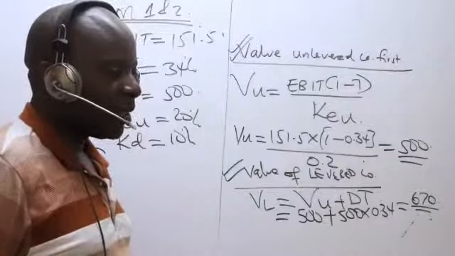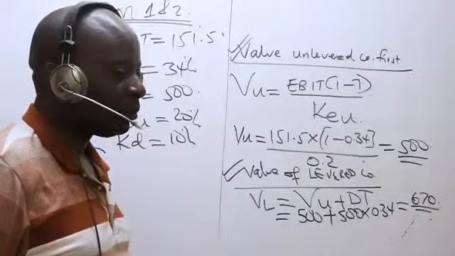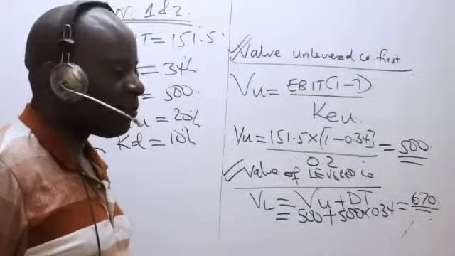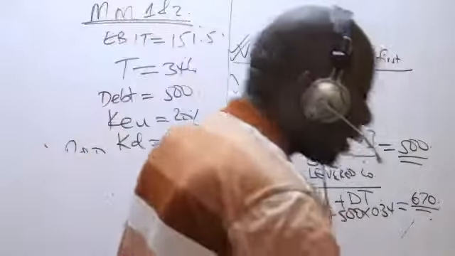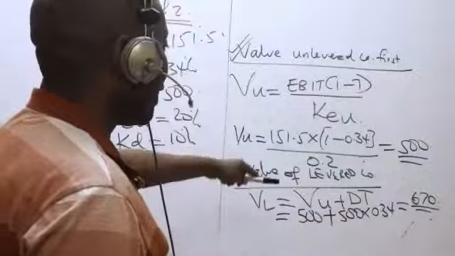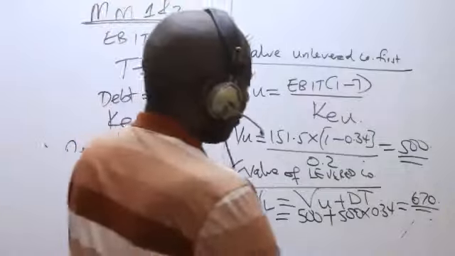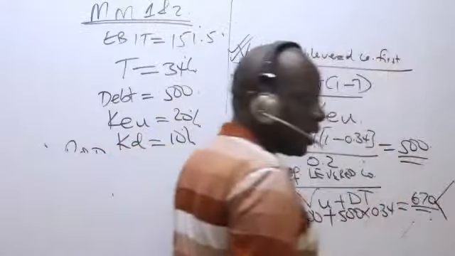All right. So after that, what do you think will be the third step? The third step, you break down value of the levered into debt and equity. Fortunately, we know the value of debt.